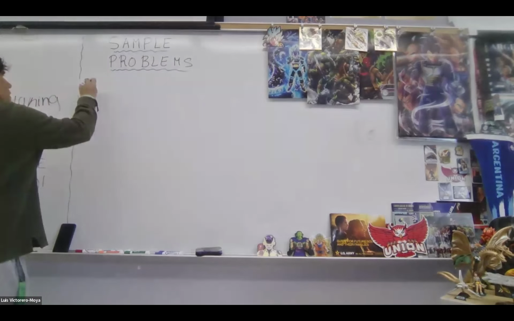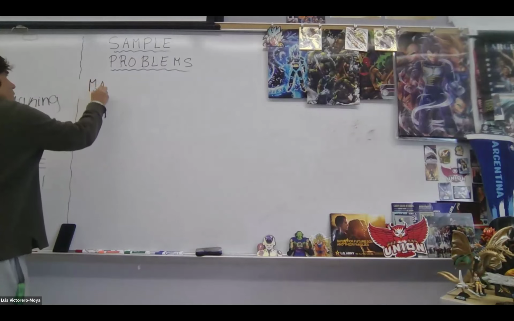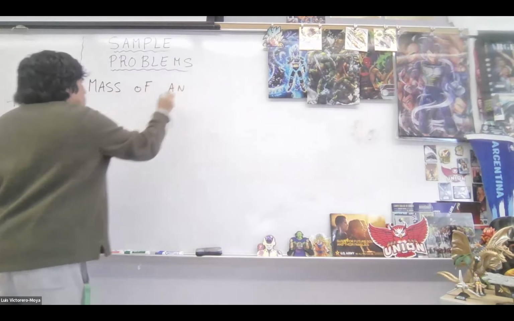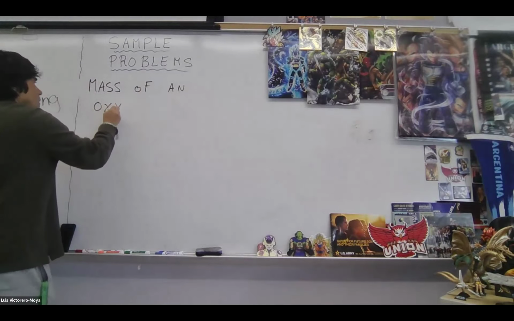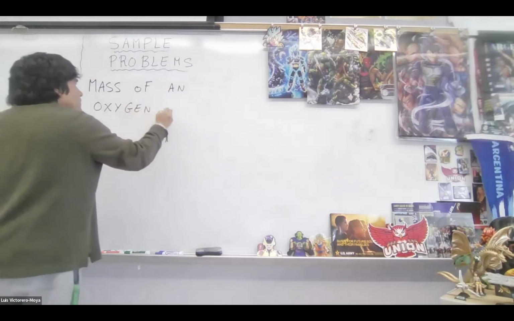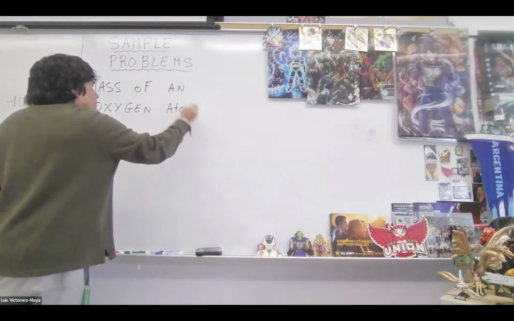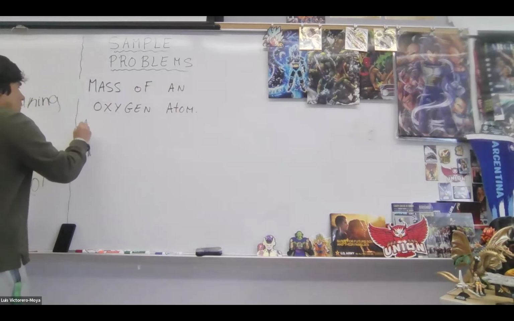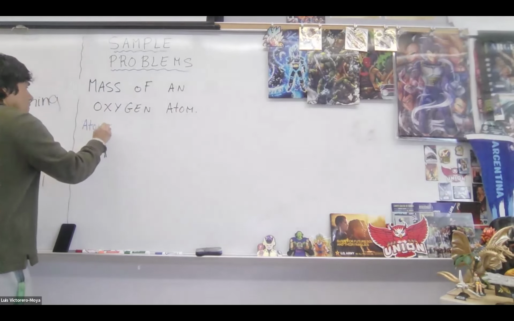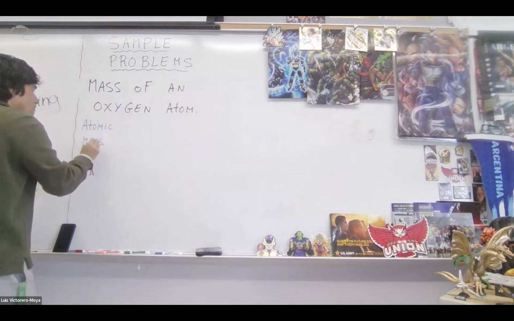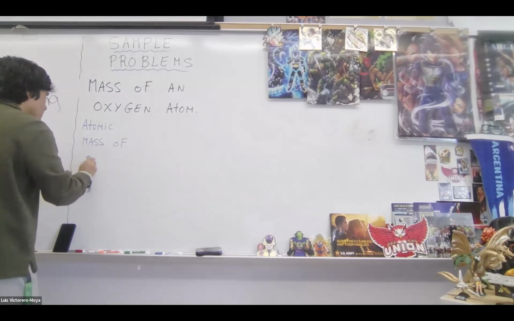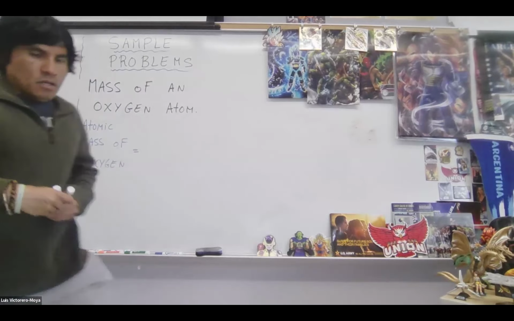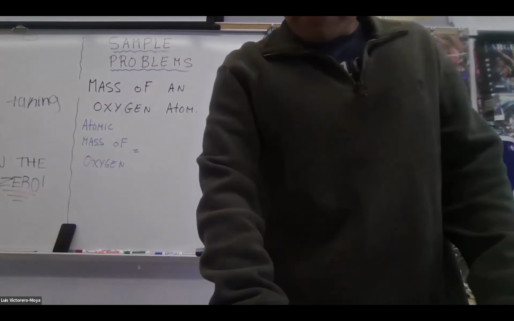So you want to find, let's say, the mass of an oxygen atom. What we need is the atomic mass of oxygen, which I believe is 32, but let me double check.